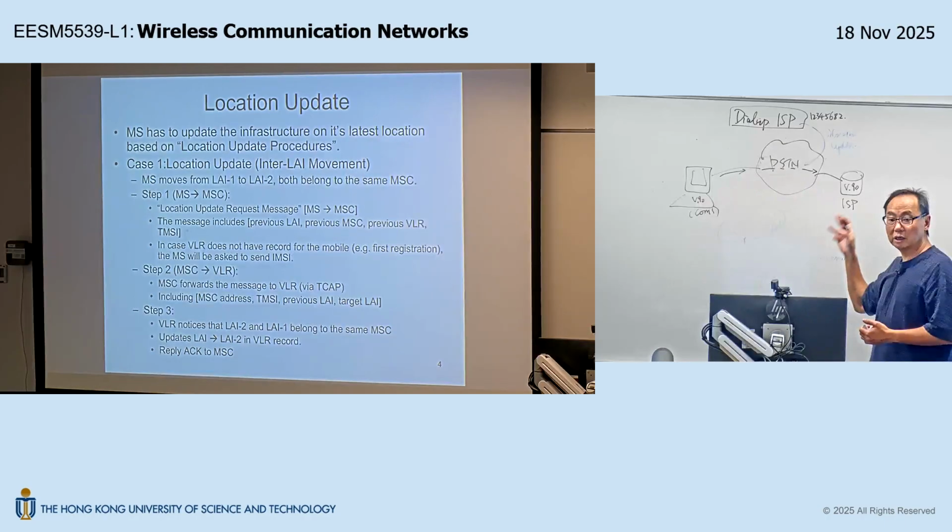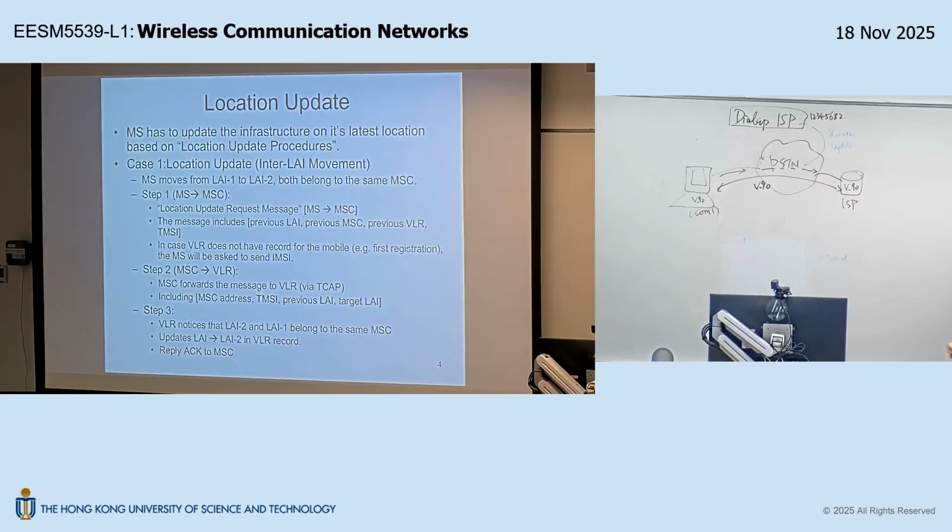In case this is the first time the mobile registers itself to the network, then it will send IMSI instead of TMSI. But let's say this is a steady state, so the mobile will identify itself in the visiting location register through the key TMSI.